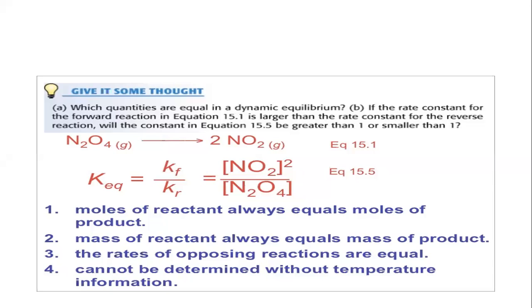Will the constant in equation 15.5, that is the equilibrium constant rather, be greater than 1 or smaller than 1?